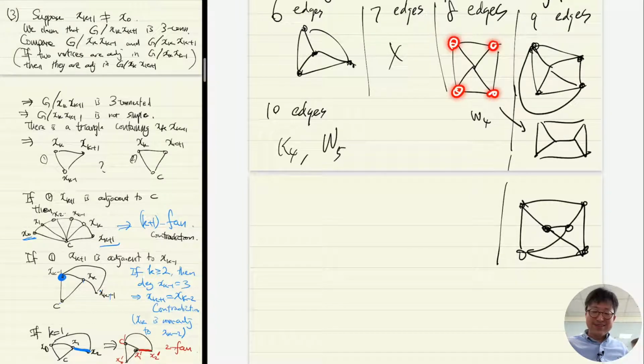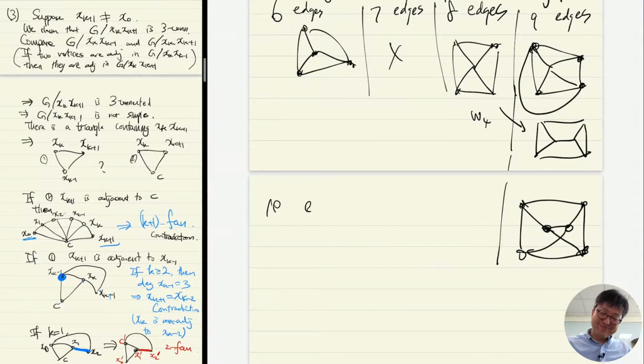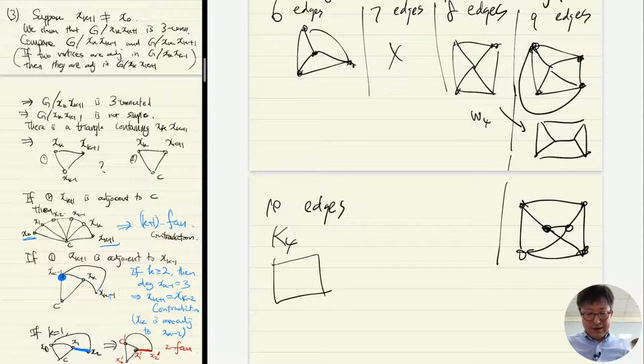These vertices have degree 3, so there's no way to uncontract. So I have more graphs on 10 edges. Right? So first going through these 3 graphs and adding an edge. So like a K4. Oh, yeah, now it's becoming painful because I have to add all possible edges like this.